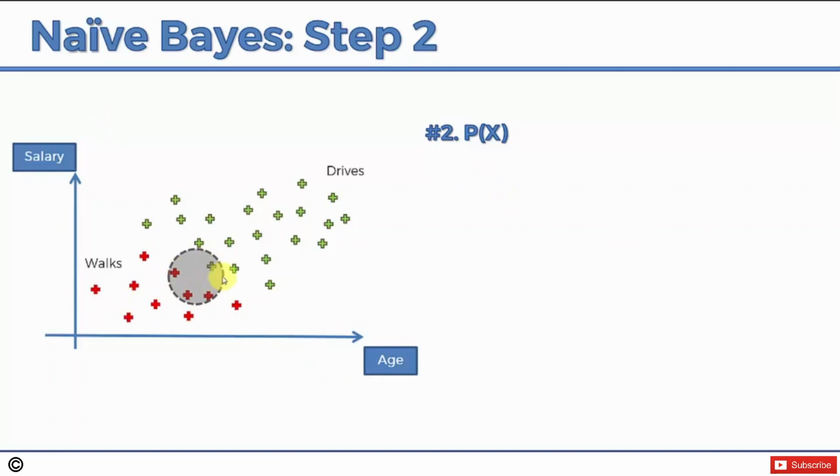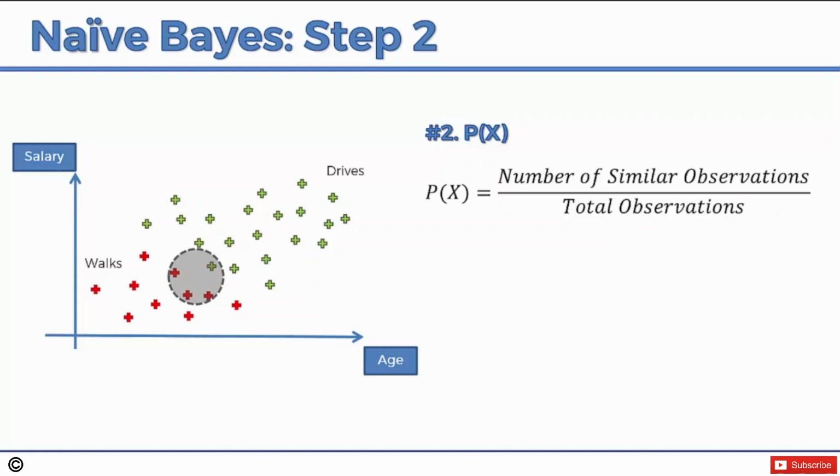And that's what we're calculating. So P of X is very simple. We just need to calculate the number of similar observations, the number of observations that fall in here, which is 4, divided by the total number of observations, which is 30. That gives us the likelihood that if we pick a random dot from our dataset right now, it's one of these: 4 over 30.